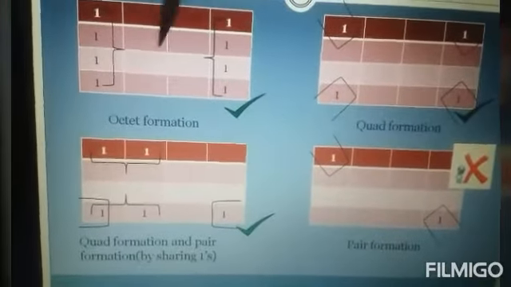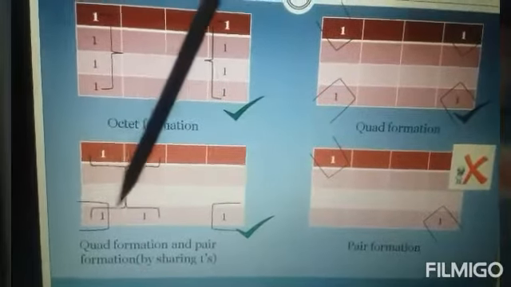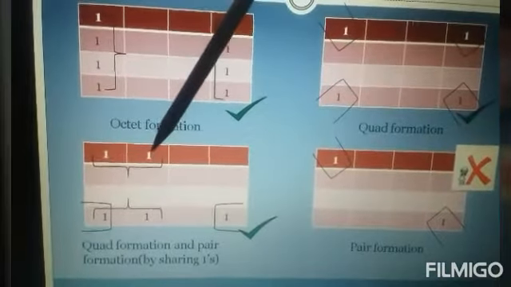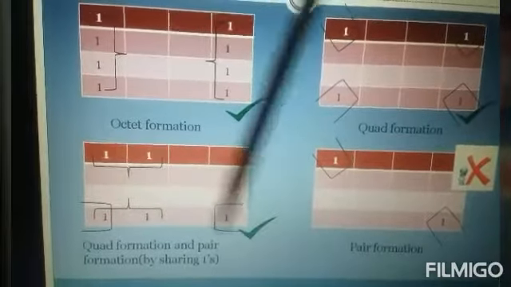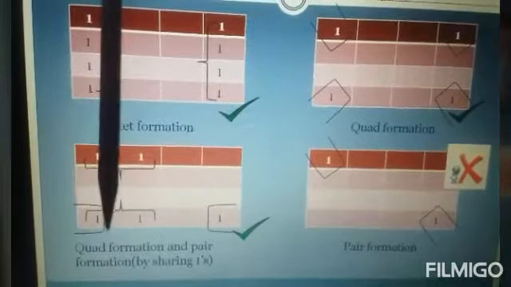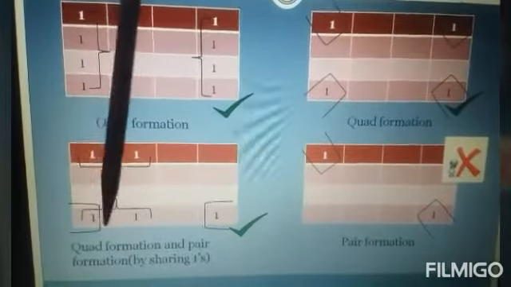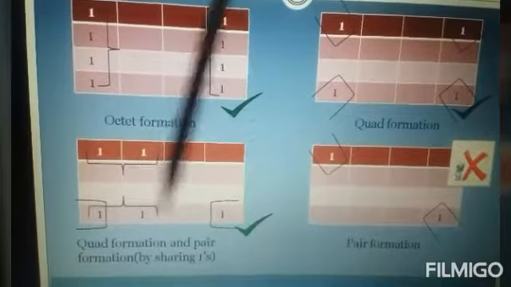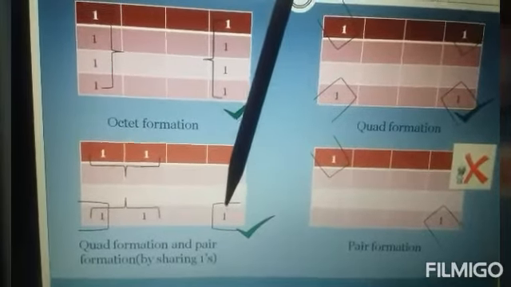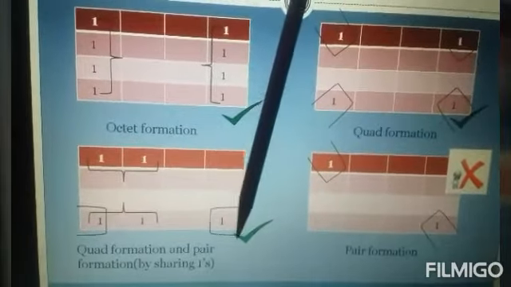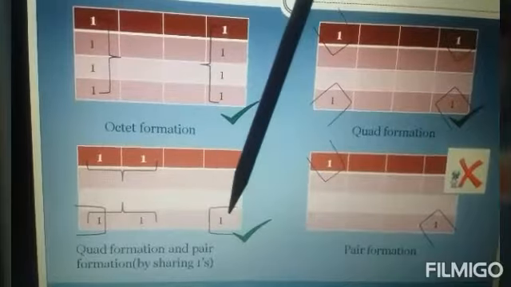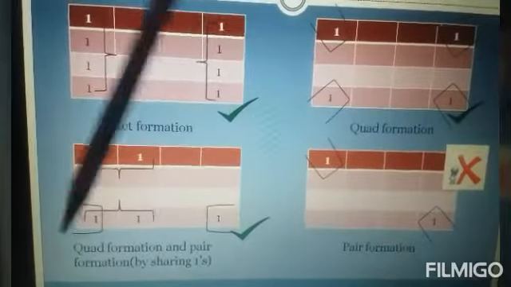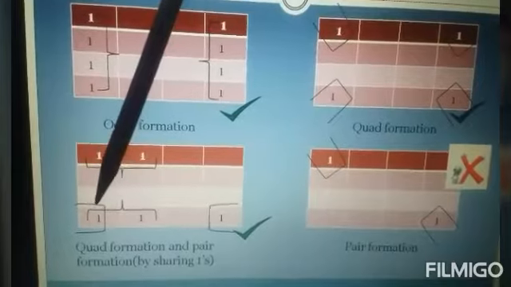Here, when we are folding these two rows together, then it forms a quad. When we are folding these columns together, then we are having a pair. Means we are sharing one, because this one is left, and I have already told you we have to cover all ones in our groups. That's why I have taken one from here.